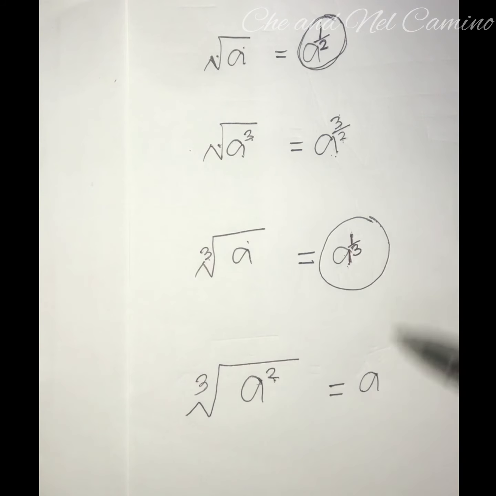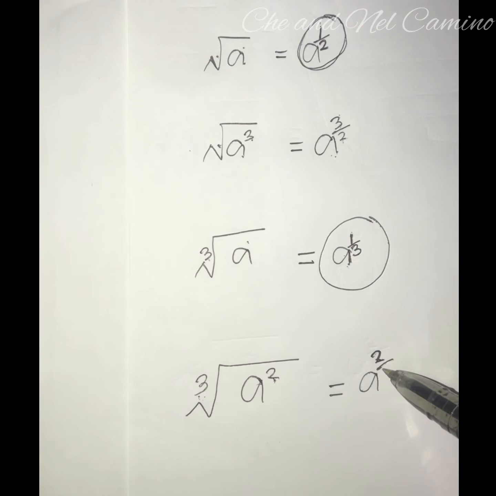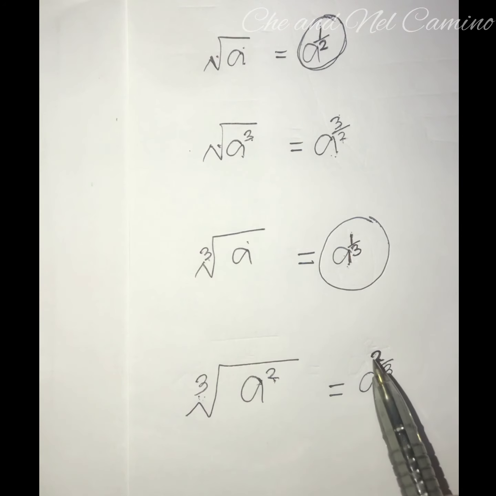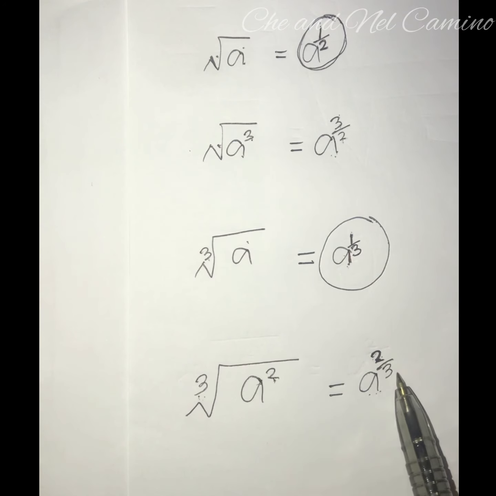How about this one? Okay, very good, it's 2. That is our exponent. And then how about this one? Okay, that is our index, so 3. So this is our exponential expression, a to the power of 2 all over 3, or a to the power of 2/3.